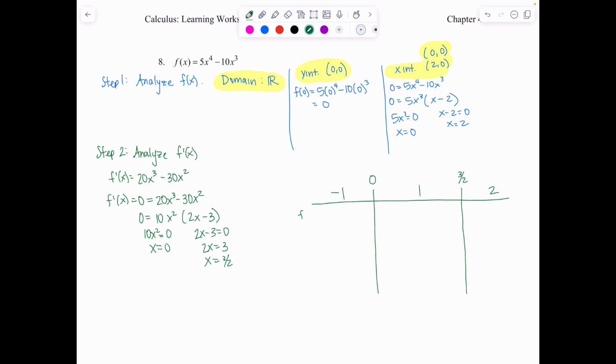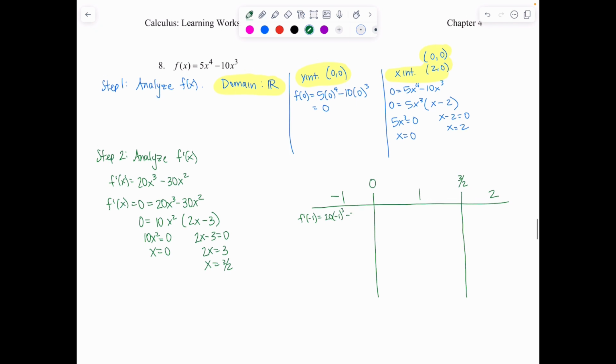Okay. F prime of negative 1, we'll have 20 times negative 1 cubed minus 30 times negative 1 squared. 20 times negative 1 minus 30 times 1. So we have negative 50. A negative tells us decreasing. F prime of 1 will have 20 times 1 cubed minus 30 times 1 squared.